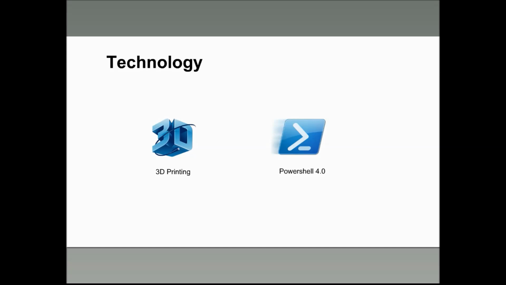It's also about management, the support for the latest Microsoft or third-party management technology in the enterprise, as well as PowerShell 4.0, an ability to better control how you manage your device and how you configure it.